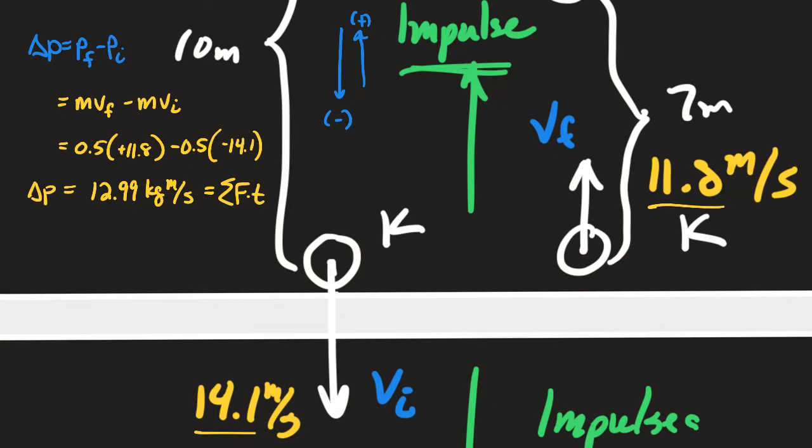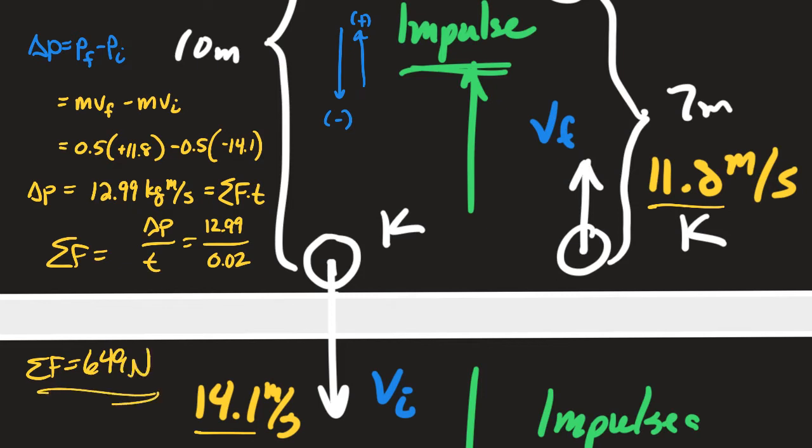So if I want to figure out the net force, it equals the change in momentum divided by the time, or 12.99 divided by 0.02. And when I did that, I got a net force of about 649 newtons.